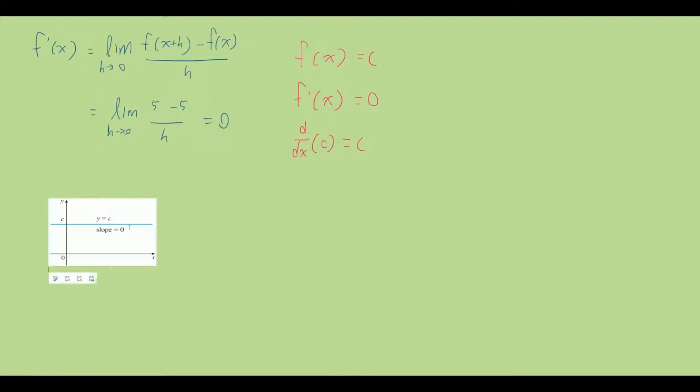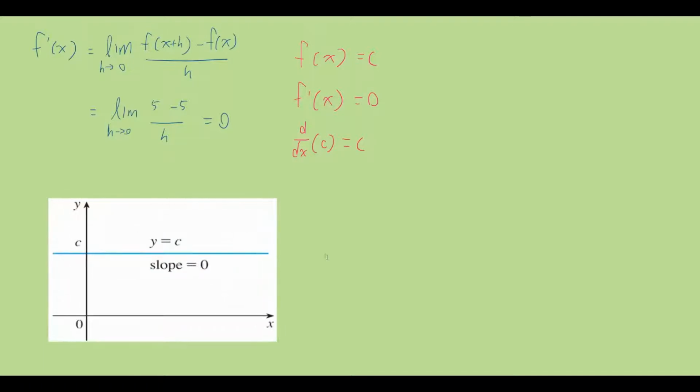If you look at the graph of the constant function, it's just a horizontal line. And we notice that the horizontal line has the slope of 0. That's another reason why we get the slope equal to 0 when we're taking the derivative of a constant function.